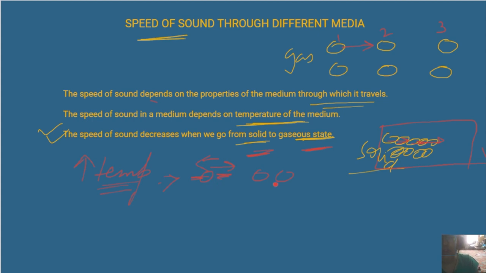Due to this increased magnitude of vibration, they will oscillate at a much higher speed, and as a result they will also transmit the energy much faster. So an increase in the amount of vibration will lead to an increase in the transmission of sound, right?